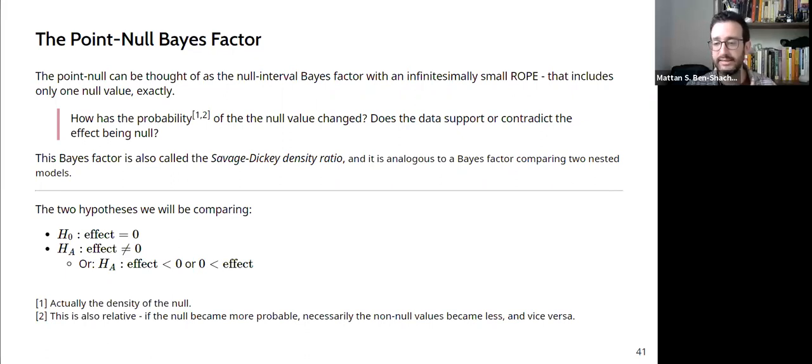In JASP, the developing team there, Richard Morey and Jeff Rouder, wrote a bunch of papers justifying the default priors that they use in the BayesFactor package, which is used in JASP. So that's kind of a one size almost fits all situation. But you can go about it in other ways.